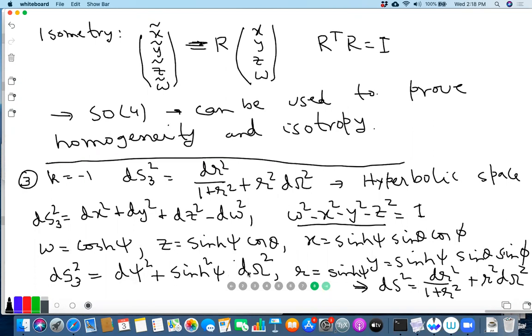In terms of independent variables, you can see here there is a minus sign. So the three-dimensional metric is Euclidean. It's a three-dimensional space embedded in a four-dimensional Lorentzian space, but after you have embedded it, it becomes a Euclidean space.